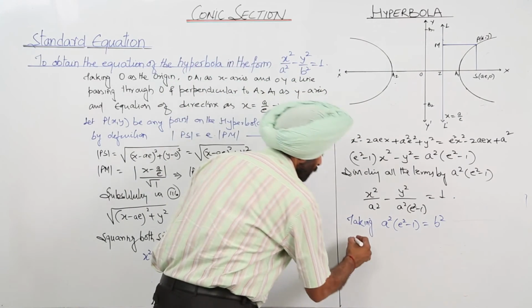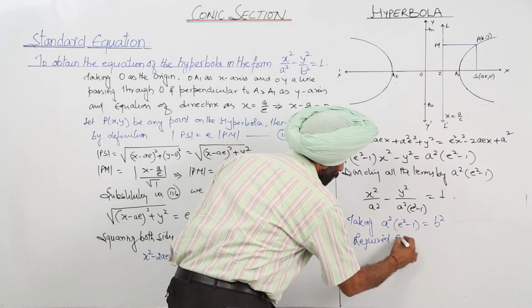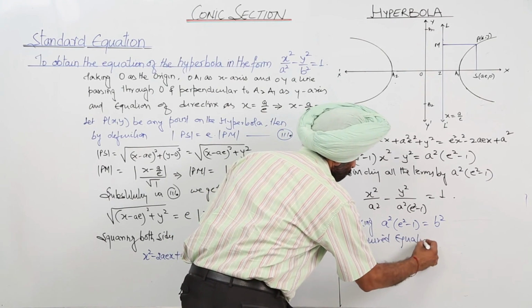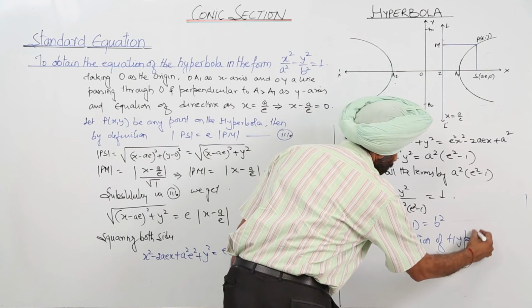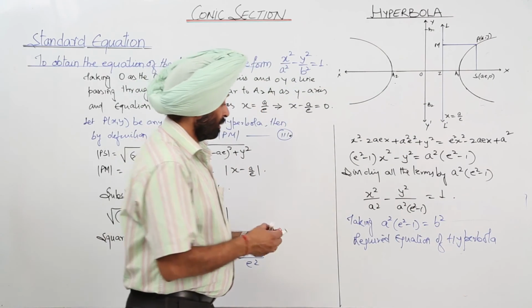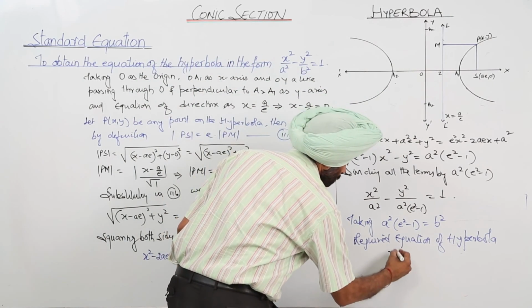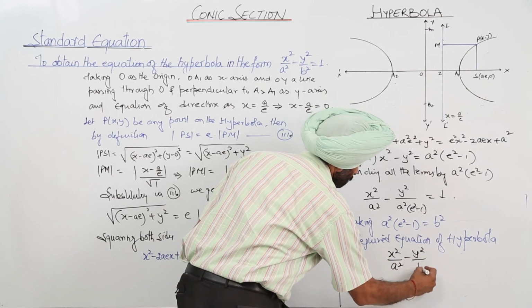Okay. Required equation of hyperbola. Now what it becomes? It becomes x square upon A square minus y square upon B square.